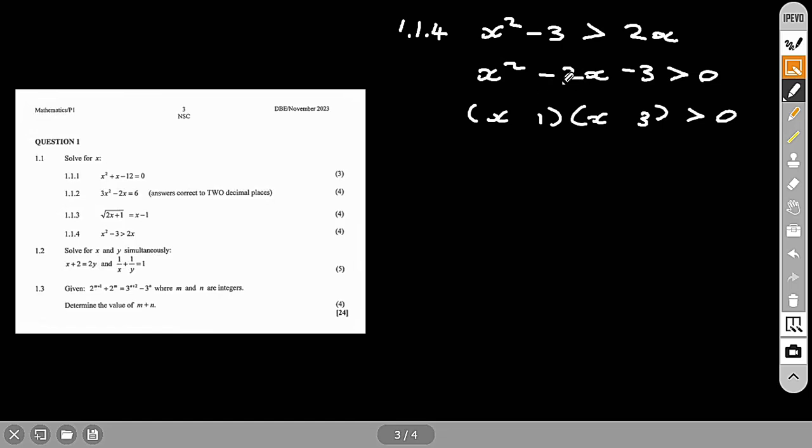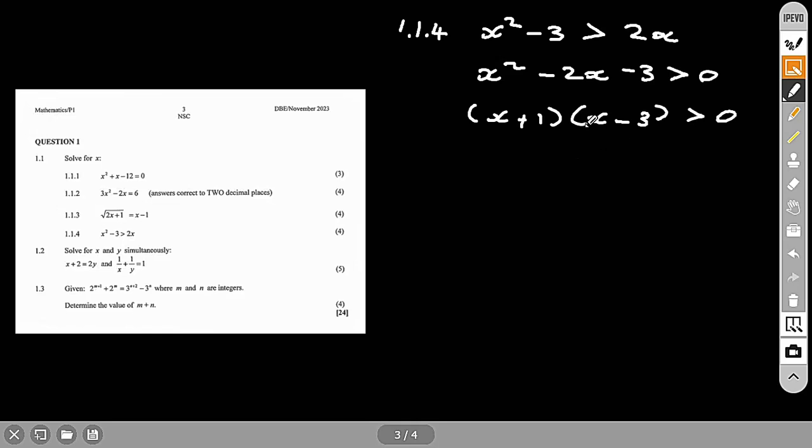But in the middle you also have negative 2. So let's check. If we put negative in the bracket with the greater value, negative 3 plus 1, it would give us negative 2. So this one is negative, this one is positive.